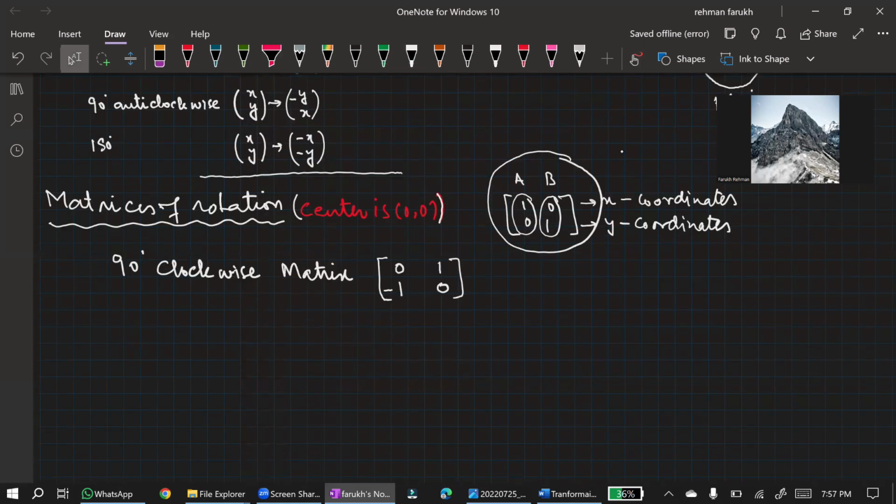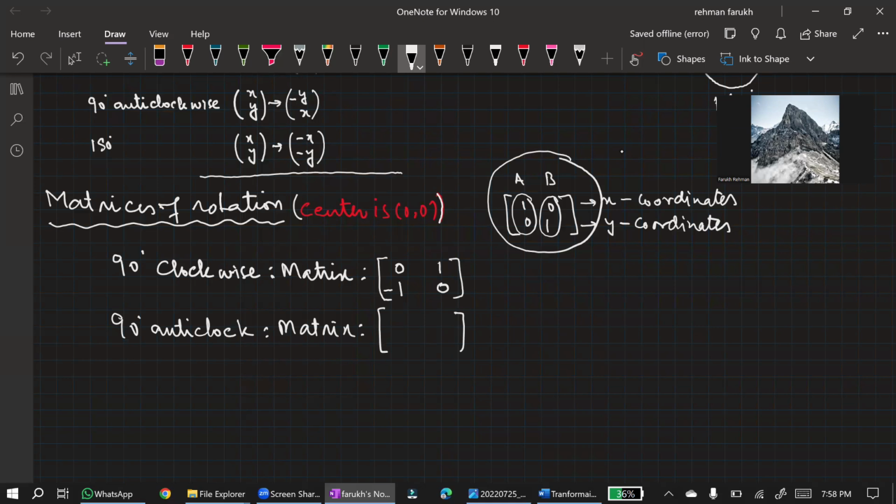Now for 90-degree anti-clockwise, the matrix is, we will again consider the identity matrix 1, 0, 0, 1.